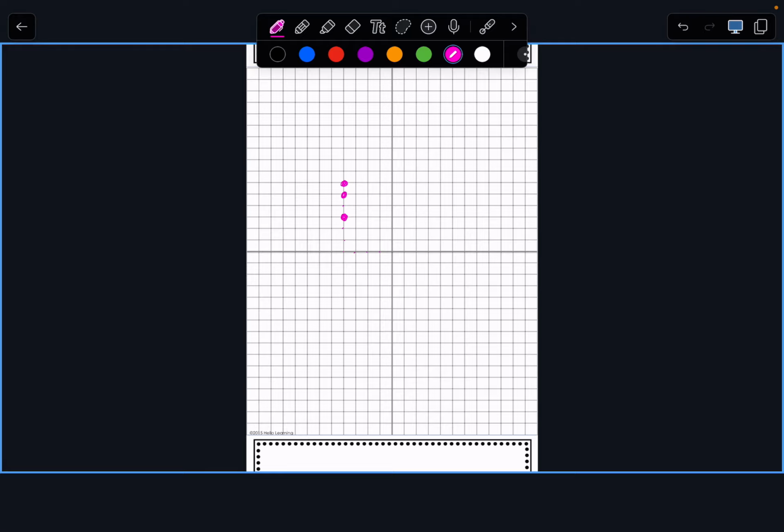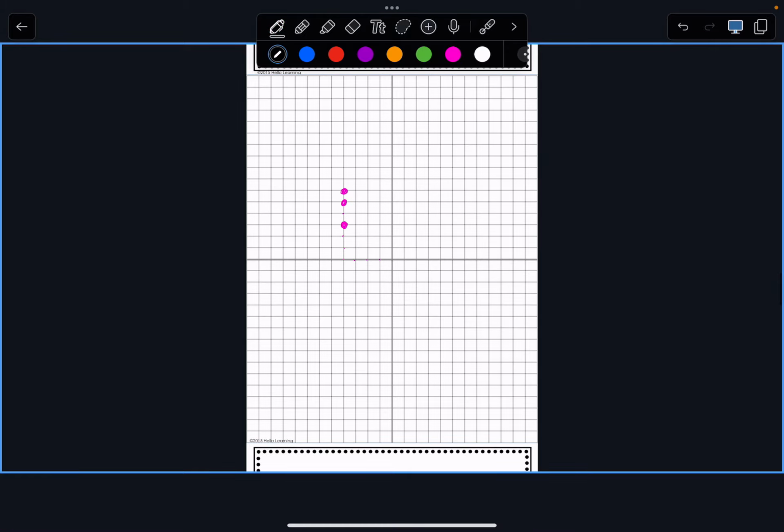Okay, so what you're going to do with your ruler is make a line that fills the entire page. So top to bottom, make the line with your ruler.